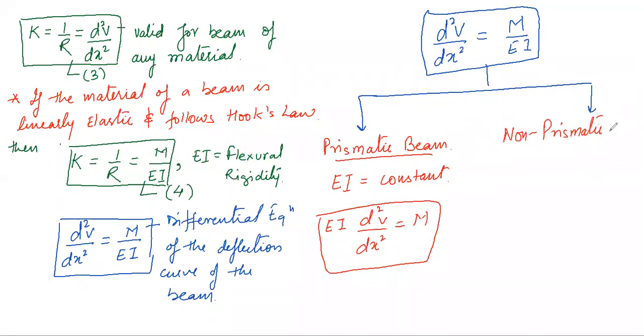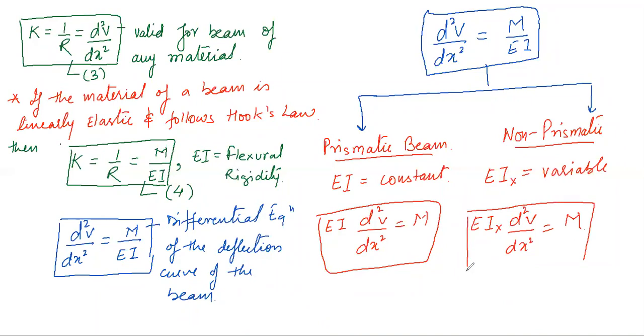Non-prismatic beam means the flexural rigidity is not constant, it is variable. If it is variable, then the equation is written as EIx d squared v by dx squared is equal to M. Is that clear to everyone?